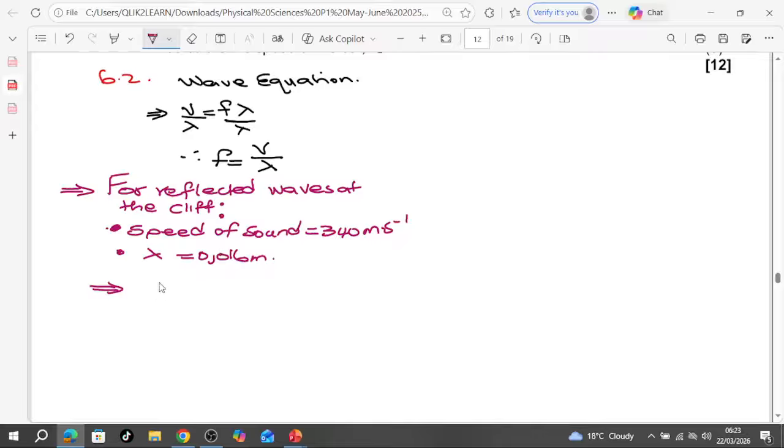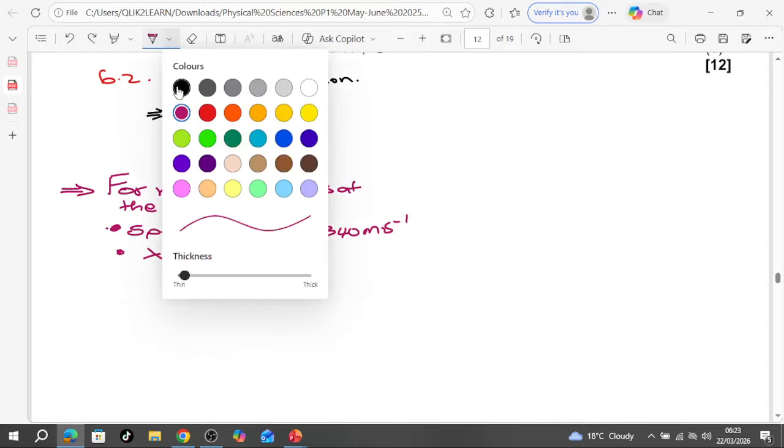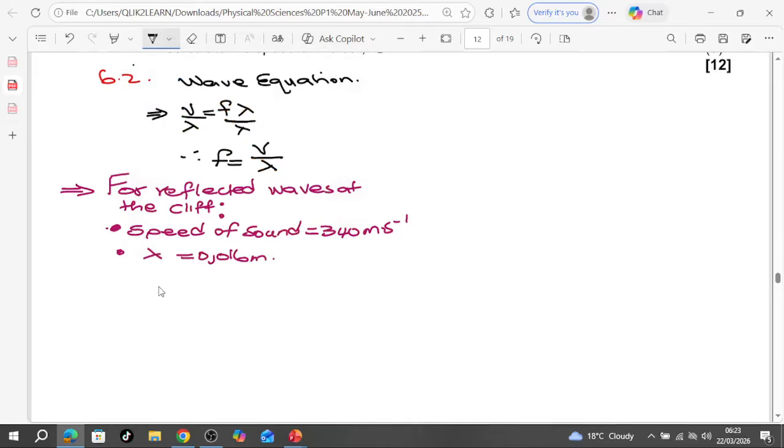So now we need to name this frequency. This is F for the frequency, the frequency at the cliff. It equals V over lambda, which is from that formula there.